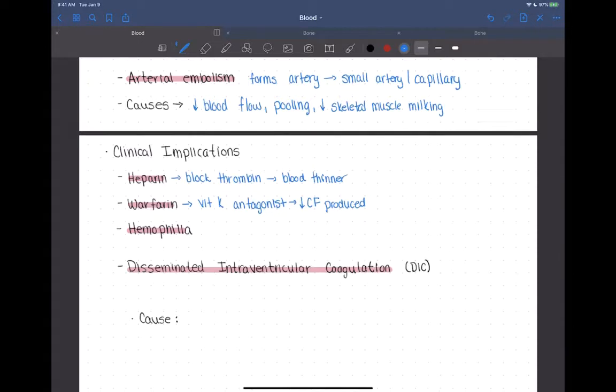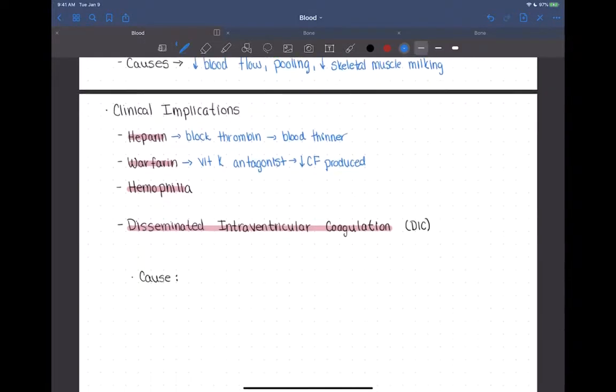Okay. And then we have hemophilia. Hemophilia is a genetic condition where someone is actually missing the proper genes for certain clotting factors. So that person is missing clotting factors.